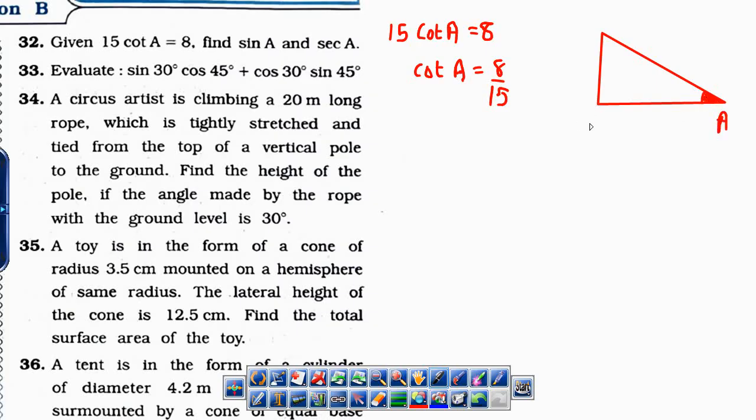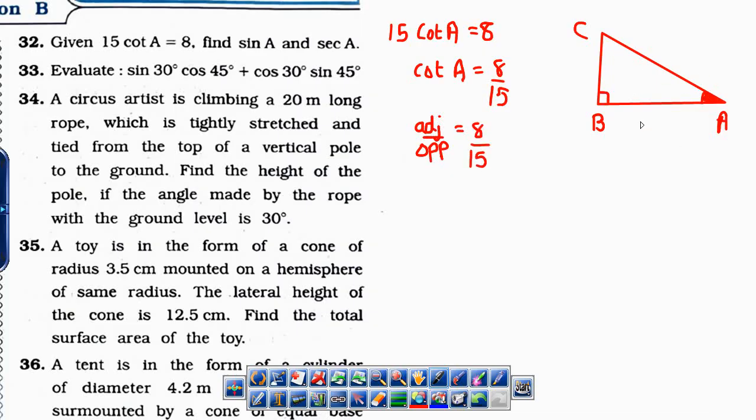Name it A. Rest of the names can be anything which you like. This is 90 degree. Cot का code tan का opposite. Tan means TOA, the cot means AO. AO means adjacent upon opposite is 8 upon 15.